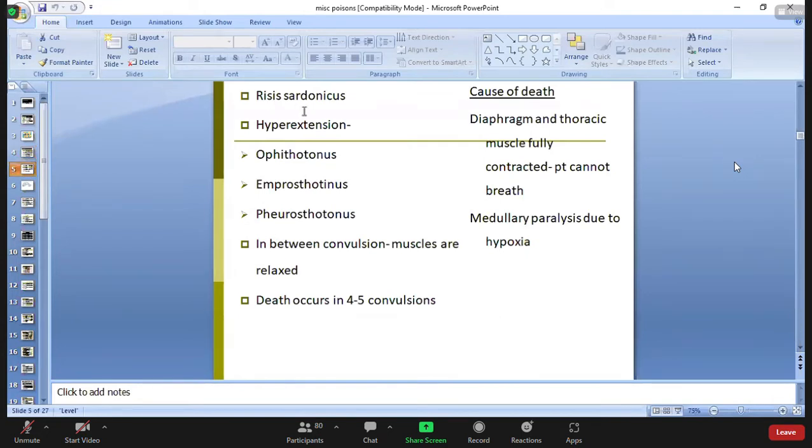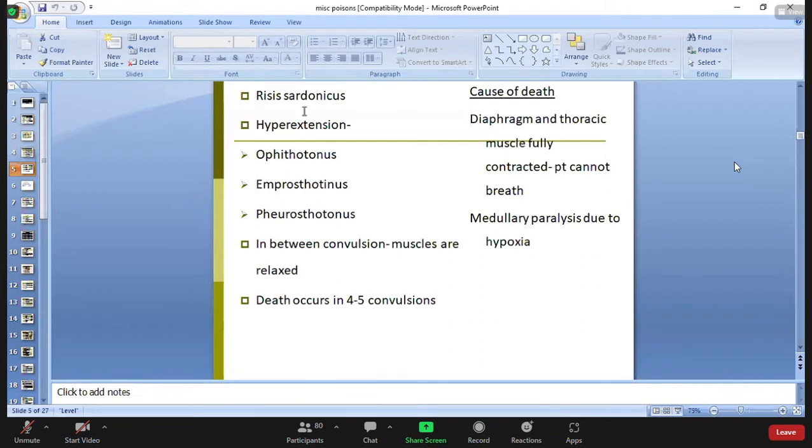Have you heard this term Risus sardonicus? Does anyone know what Risus sardonicus is? If you know, please explain. No, ma'am. Okay, do you know what symptoms occur in tetanus?